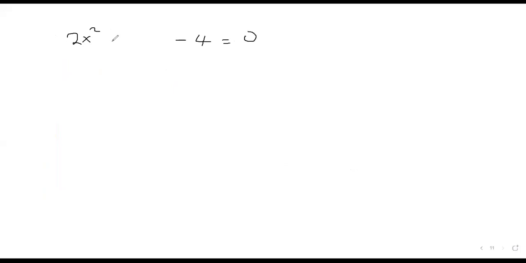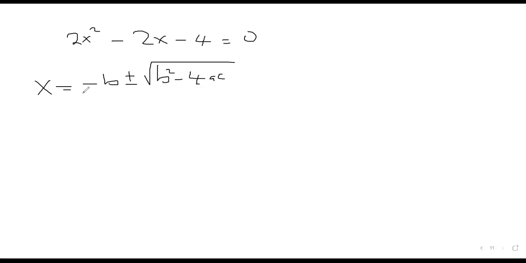Then maybe here we're going to have minus 2x. So in this question here, using quadratic equations, you know the value of x is equal to what? Negative b plus minus square root of b squared minus 4ac over 2a.